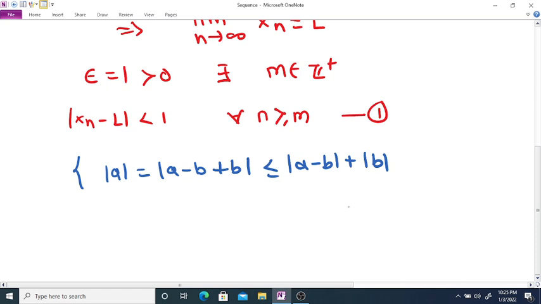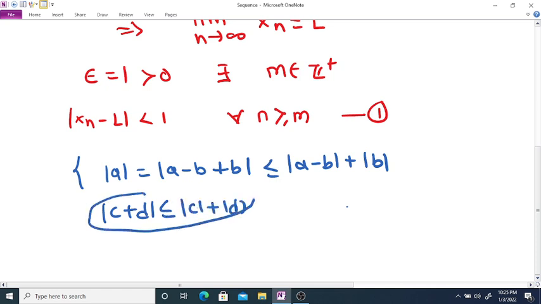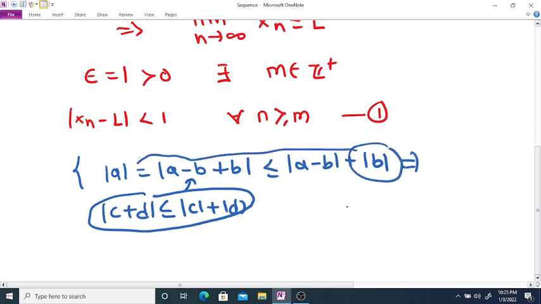We know this as the triangle inequality: |c plus d| is less than or equal to |c| plus |d|. Applying this result, if we take mod b to the left-hand side, we get |a| minus |b| less than or equal to |a minus b|.